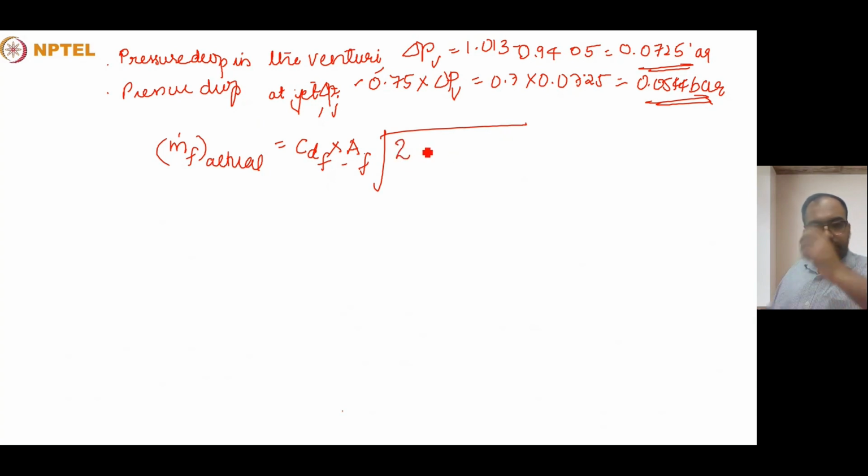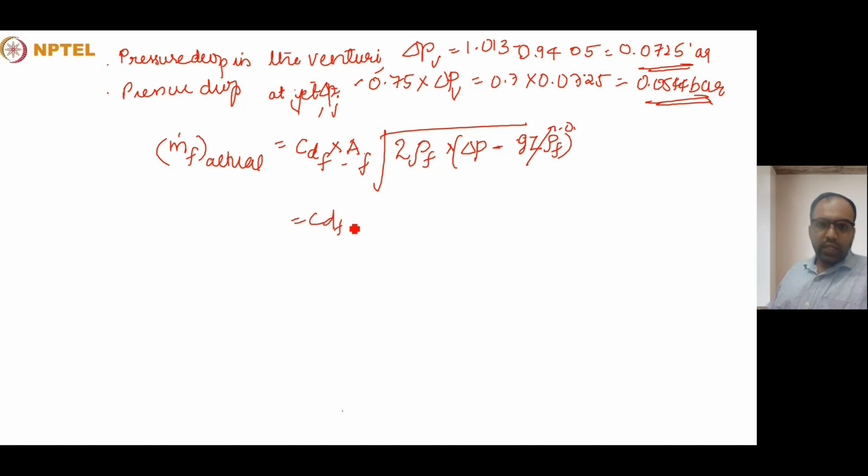Velocity is equal to root of 2 into delta P divided by rho, minus g into Z. Since Z is equal to 0 in this problem, we can neglect this.